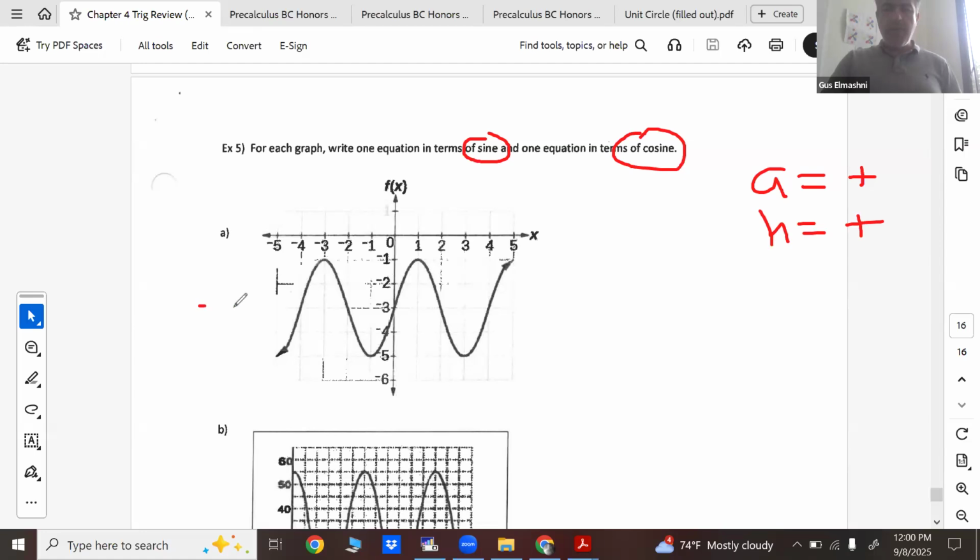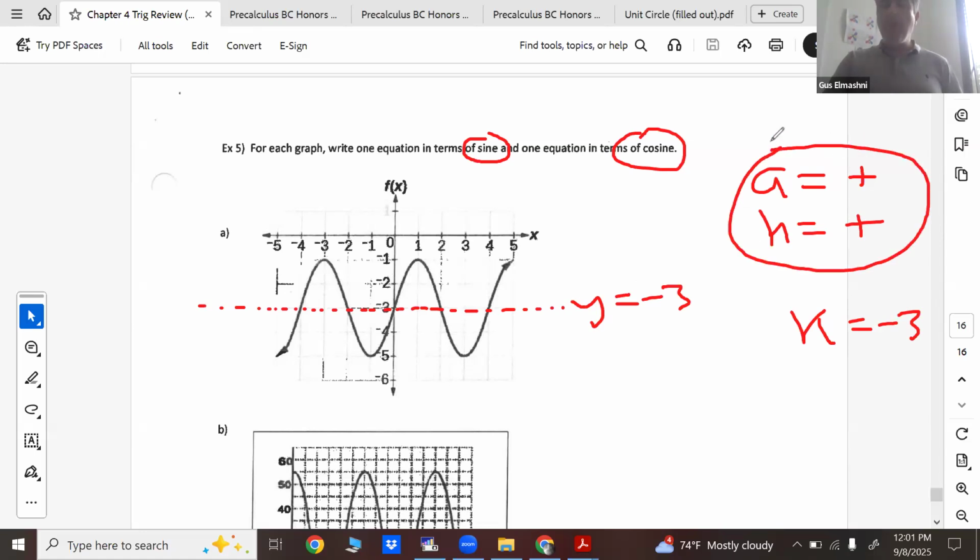So let's get the K value out of the way. What's my midline? Y equals what? So K is -3. You could say there's no shift. That's possible. But this is what we want.